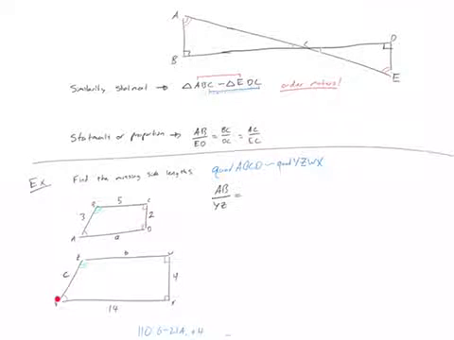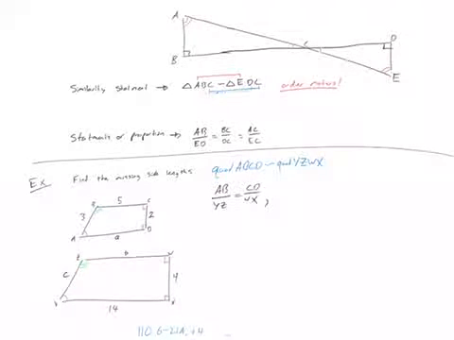So this side divided by this side would be the same as, let's do CD over WX. So that's 1. Let's come up with a couple more. This side length divided by this side length would be the same as this one over this one.